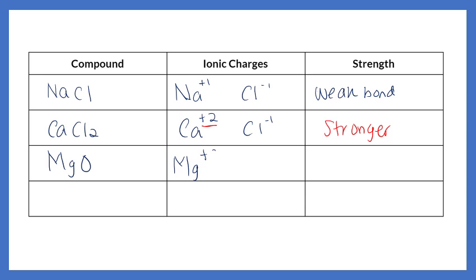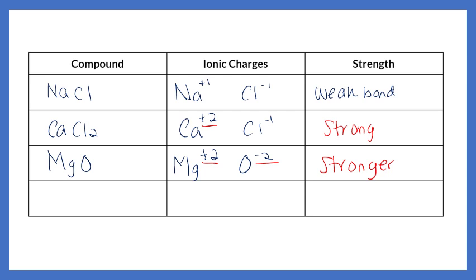Magnesium takes a +2 charge, oxygen takes a -2 charge. Since we have 2 and 2, we're stronger. Calcium bonded to chlorine is a strong bond, and magnesium bonded to oxygen is a stronger bond because of that +2.